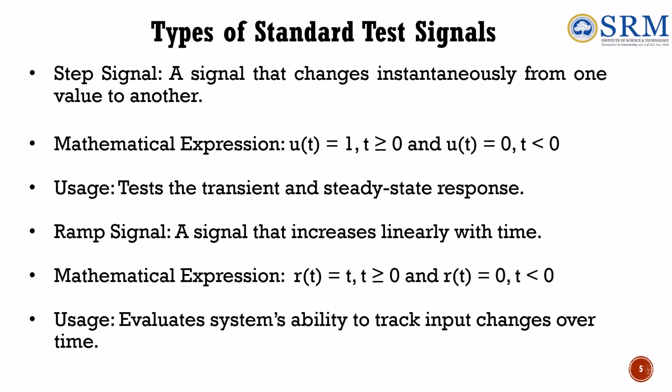Next is the ramp signal. The signal increases steadily and linearly over time, starting from 0. Mathematically, it's 0 before time 0 and equals t after time 0. It helps us see how well the system can follow a continuously changing input.